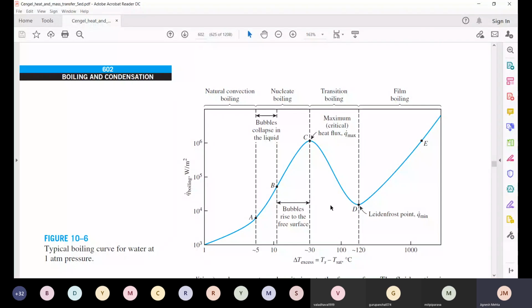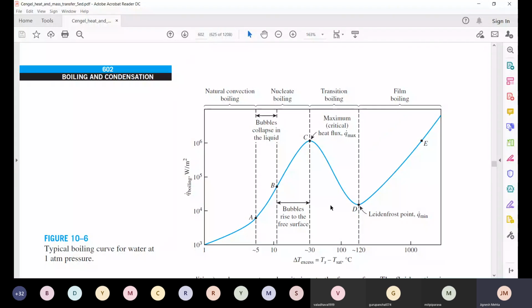So beyond the Leidenfrost point, if you increase the temperature further, you are able to increase the heat flux mainly because radiation is now also contributing to the increase in the heat transfer rate. Okay, so in that regime there is a continuous film which is covering the heater surface.